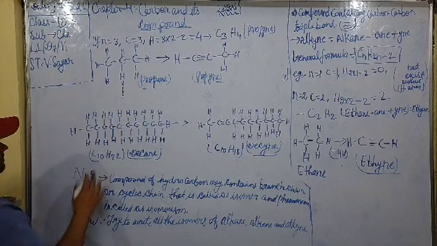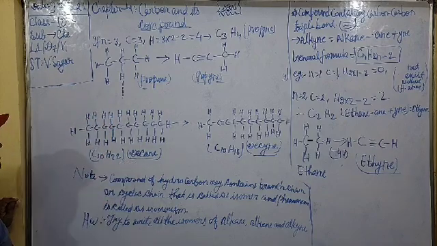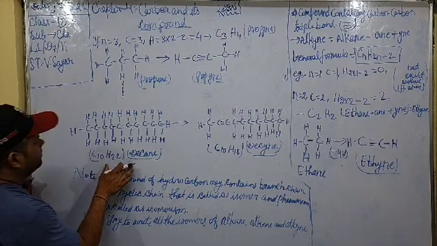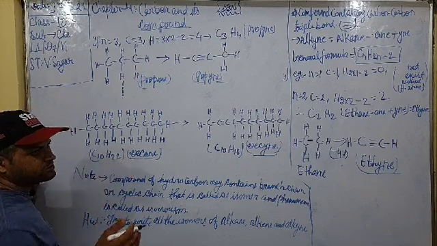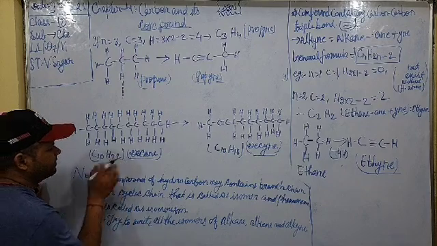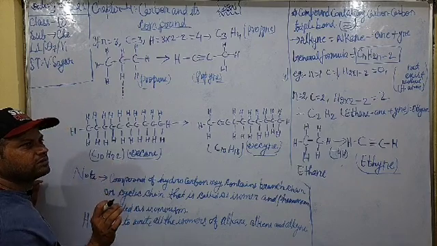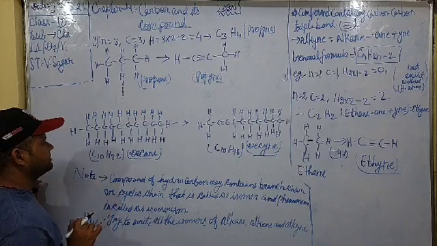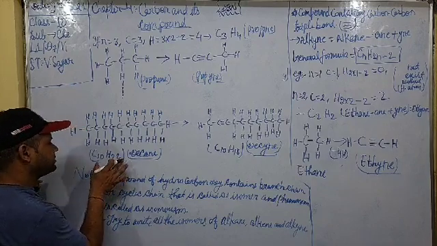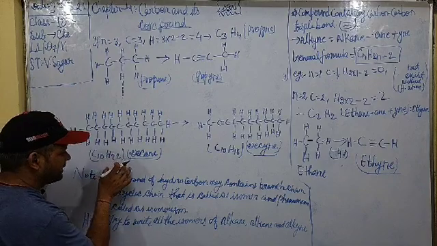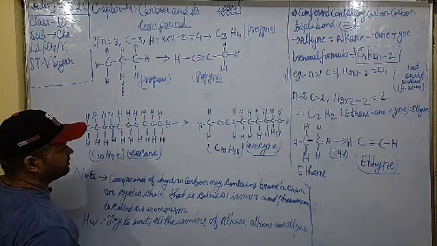Now in the same way, the last compound up to your syllabus is C10H22. There are so many compounds, but mainly we have to mention up to 10 carbons. So the last compound of the alkyne group is C10H22, the decane.